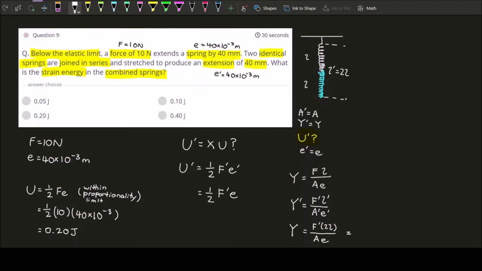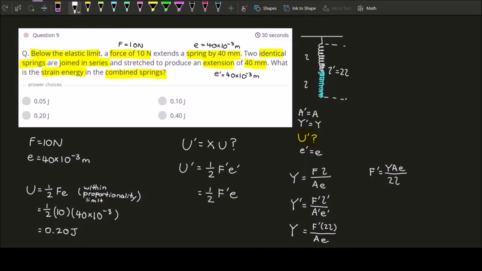So if that's it, we can find the new F prime to be equals to YAE over 2L. Everything is based on the old situation. Y is not Y prime anymore, A is not A prime anymore, E is not E prime anymore, L is also not L prime anymore.